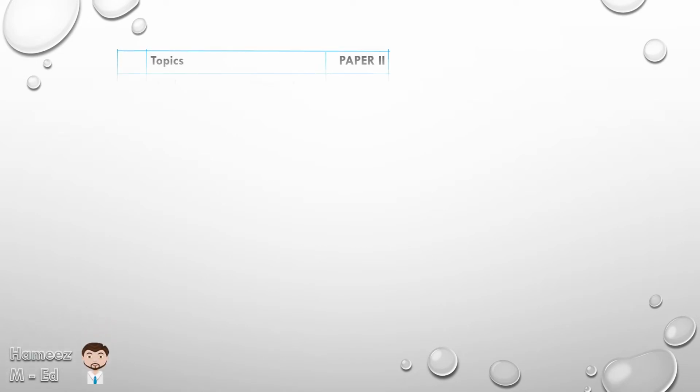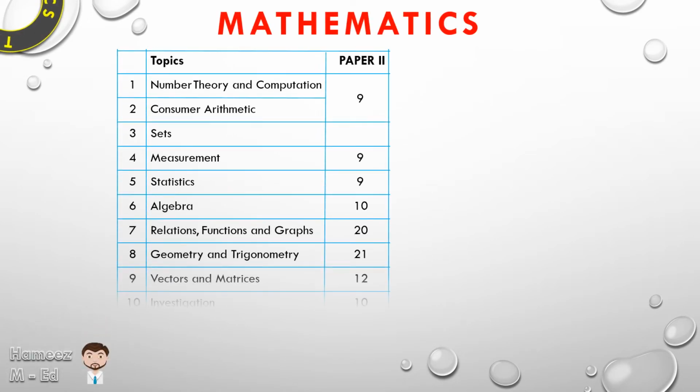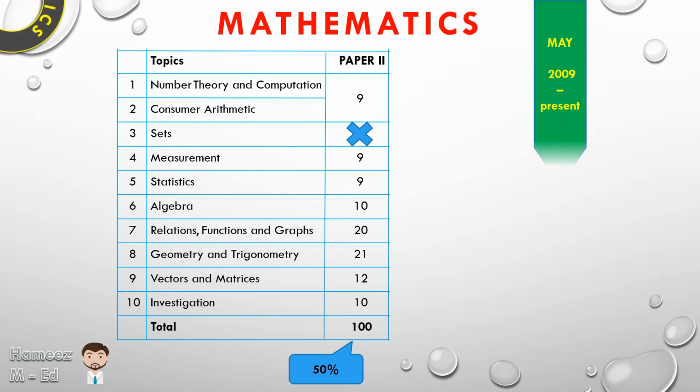How are we helping you in CSEC Mathematics? Well, let's look at the topics. There are 10 topics, of which only sets does not come in paper 2. So in the other 9 areas, we'll be creating playlists of videos showing the solutions for the questions from May 2009, May 2010, May 2011, up to the present time.